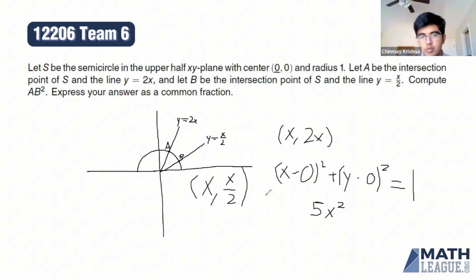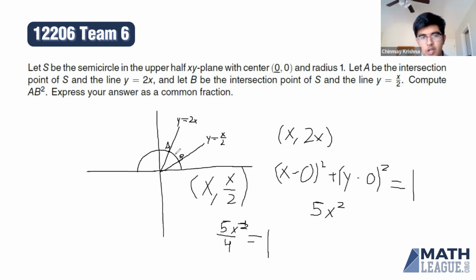And similarly, we get another equation: x squared plus x over 2 squared is equal to 1. So that would be x squared plus x squared over 4. So that's 5x squared over 4 equals 1.